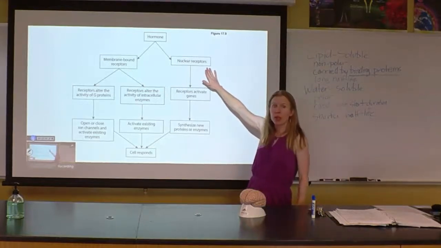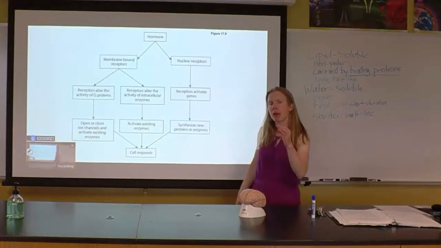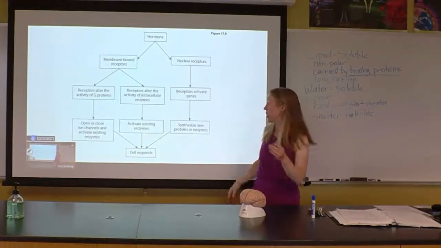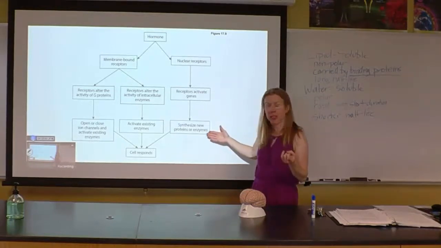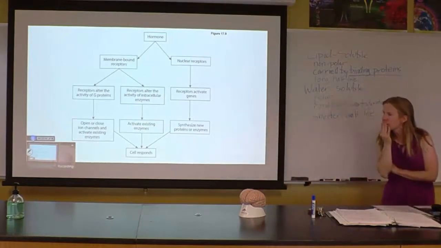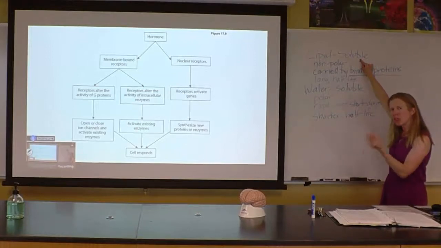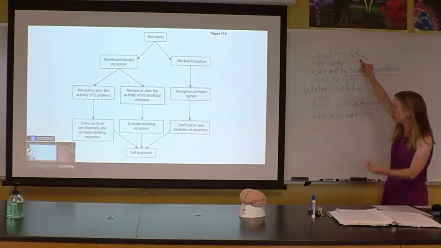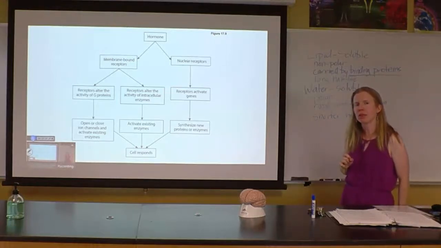Some hormones use a nuclear receptor. They actually dissolve through the plasma membrane, go directly to the nucleus, and are able to activate genes to create new proteins, and that is the cell's response. Do you think those are lipid-soluble hormones diffusing through the cell membrane, or water-soluble hormones?